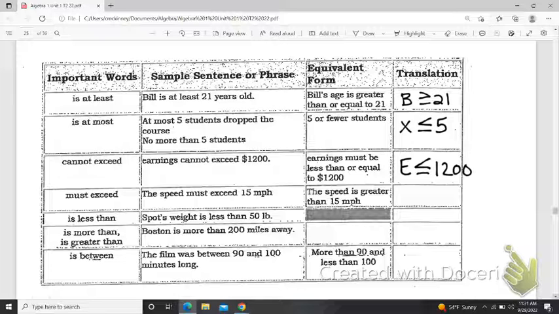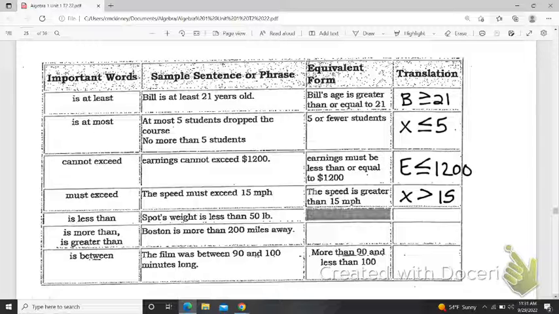If your speed must exceed 15, so there was a minimum, right? We don't want a moped on the interstate or a bicycle on the interstate, whatever. So x has to be greater than 15. Since it says must exceed, 15 is not included, so we don't use the equal sign.